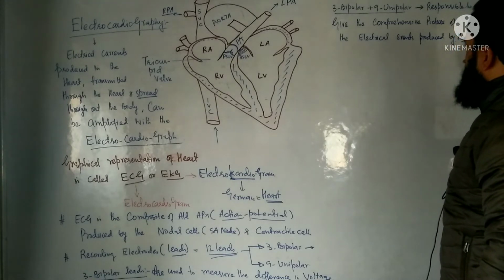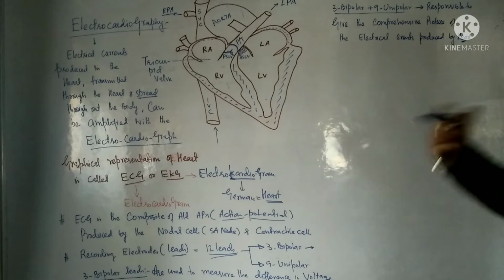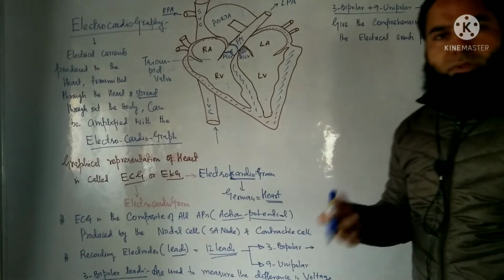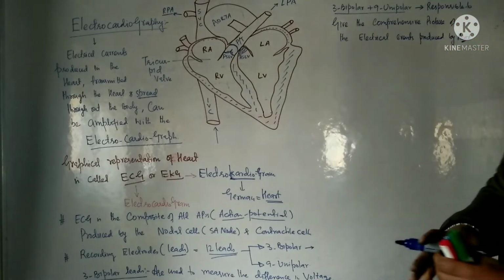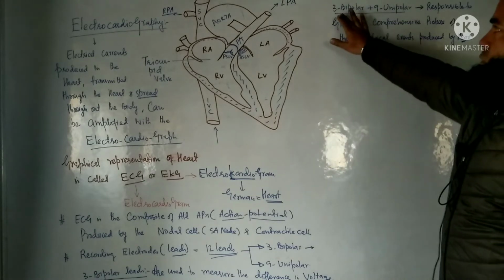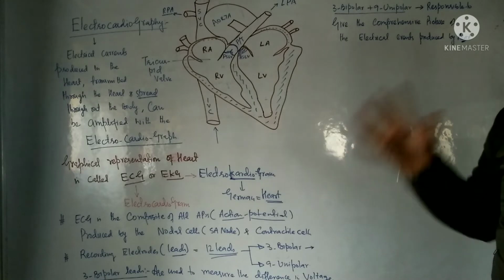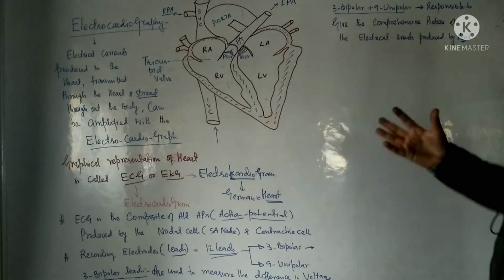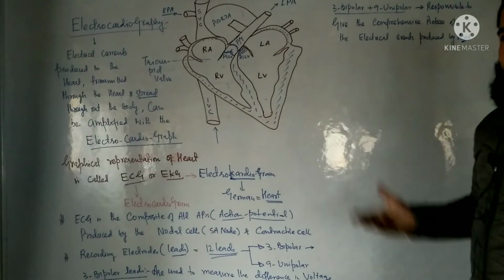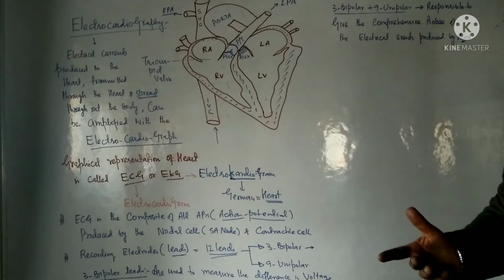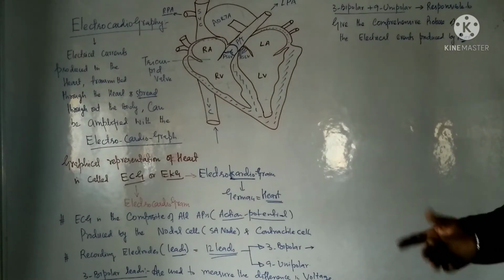So the heart produces electrical currents. These leads are placed on the body of a human being. So the 3 bipolar and 9 unipolar leads, all together 12 leads, give a comprehensive picture of the electrical events which are produced by the heart. I think you got this information.